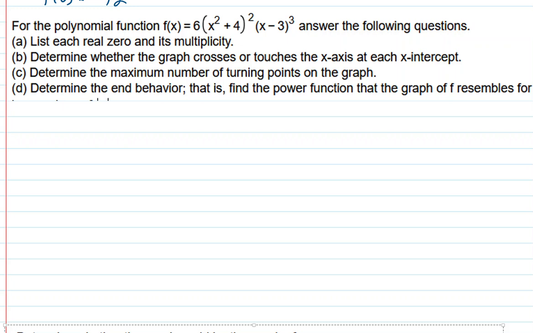For the polynomial function f of x equals 6 times x squared plus 4 squared times x minus 3 cubed, answer the following question. List the real zeros and their multiplicity. If I set x plus 4 equals 0, am I going to have a real 0? No. I'm going to have the I word. Imaginary.